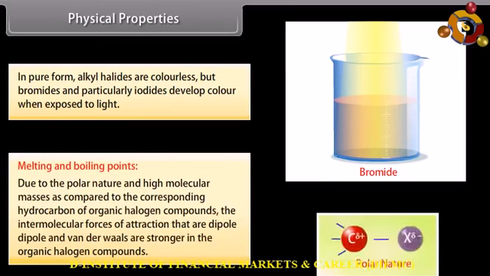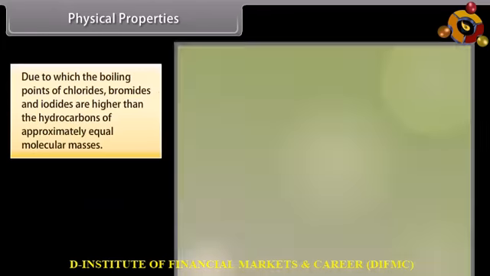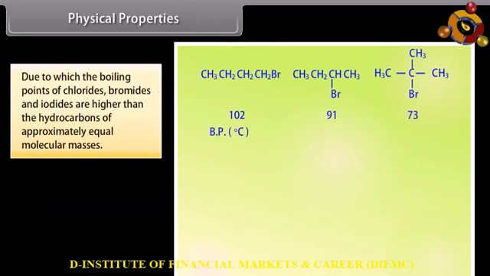Due to their polar nature and high molecular masses compared to the corresponding hydrocarbons, the intermolecular forces of attraction, that is dipole-dipole and van der Waals forces, are stronger in organic halogen compounds, due to which the boiling points of chlorides, bromides and iodides are higher than the hydrocarbons of approximately equal molecular mass.